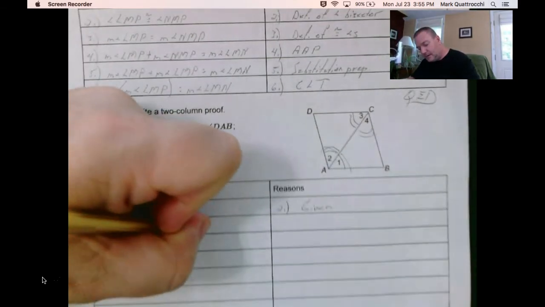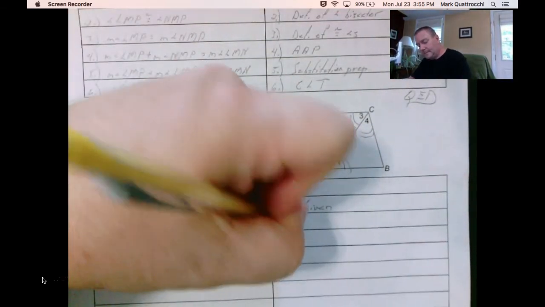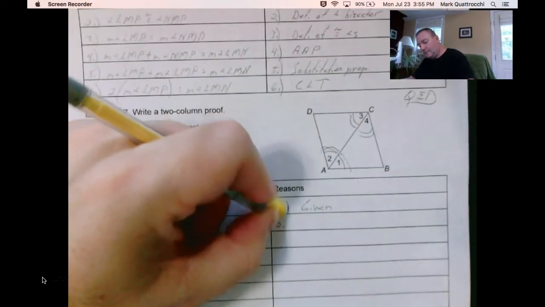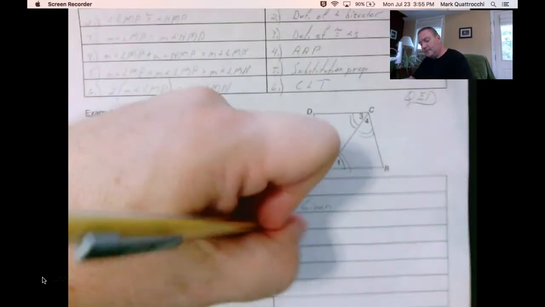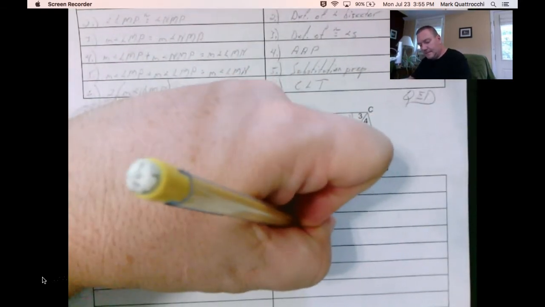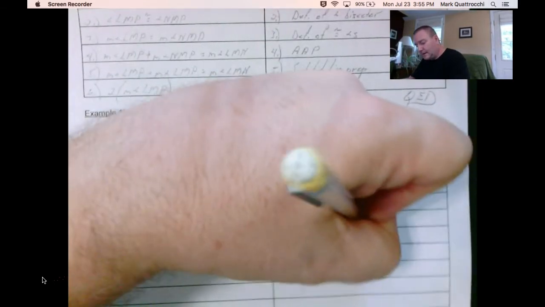Measure of angle 3 equals the measure of angle 4. Oops, reason 2 for the given. Reason 1. And this is definition of angle bisector.